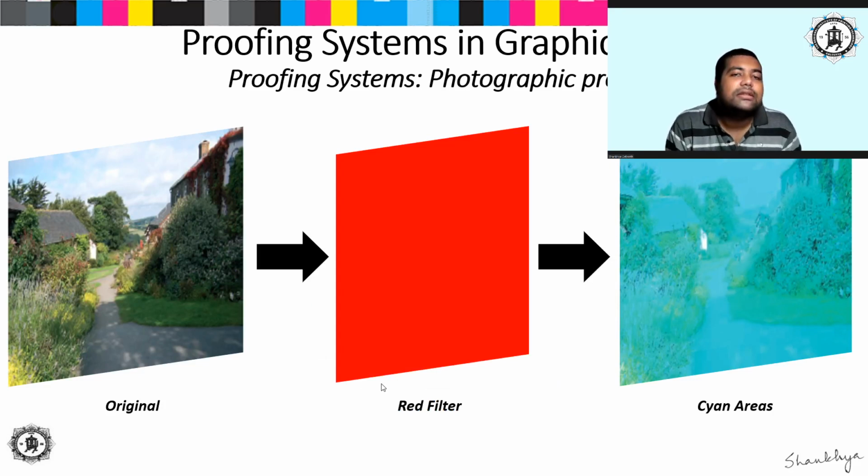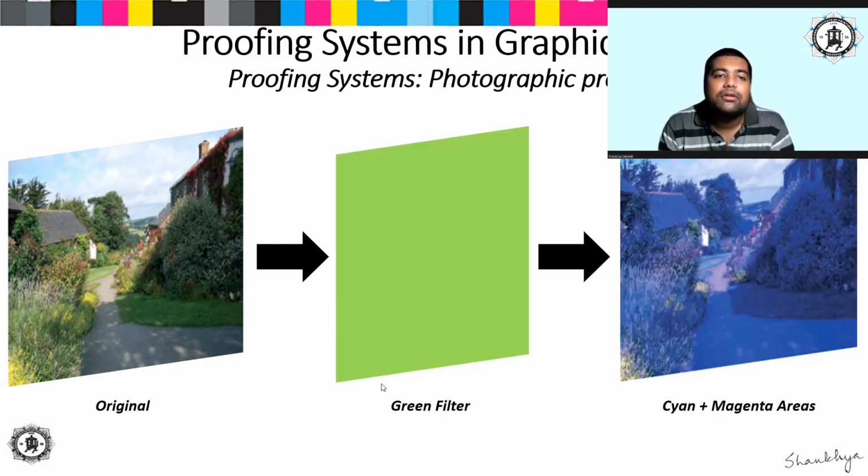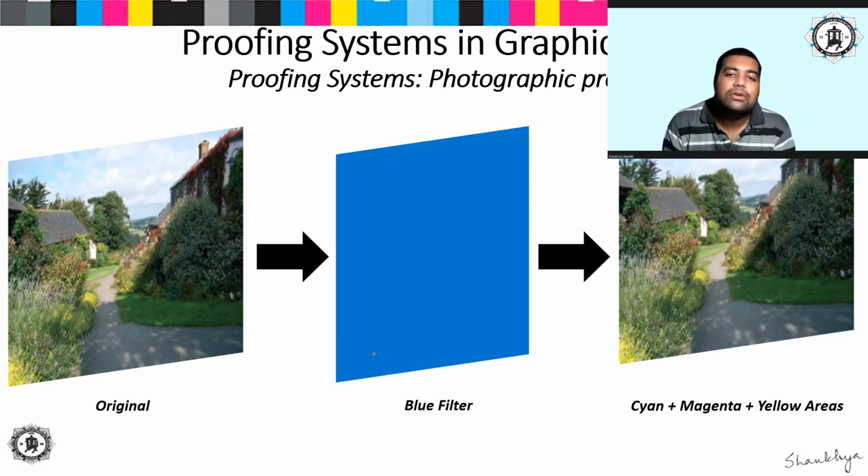That means the red light wavelength will hit the photographic paper, and only the cyan areas on the photographic paper will get developed. Similarly, if you are allowing only green light to pass through the use of a green filter, then only the magenta areas in the photographic paper will be developed. And naturally, if you are allowing only blue light to pass through, only the yellow areas will be developed.